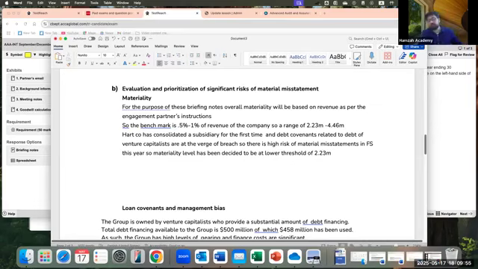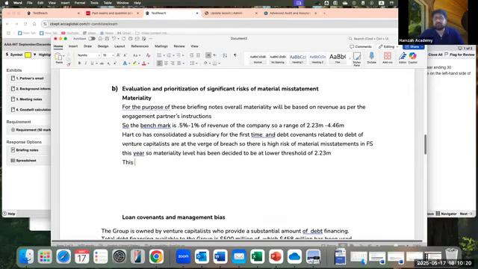Justification. The next point is this benchmark is a starting point for determination of materiality.